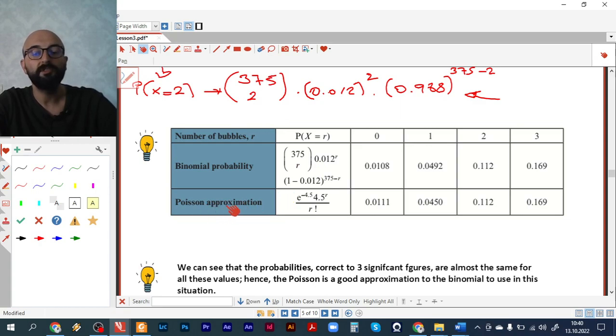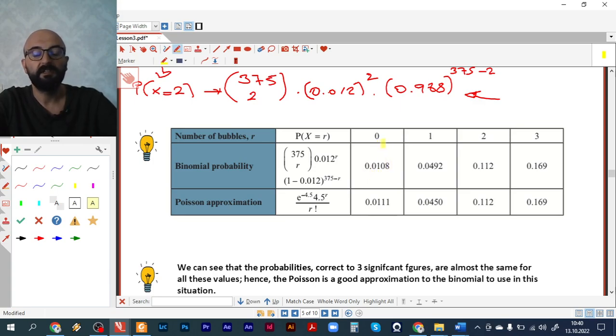But in the Poisson distribution, you should use this formula. So the Poisson distribution is a little bit shorter than the binomial distribution. Also, their values are very similar.